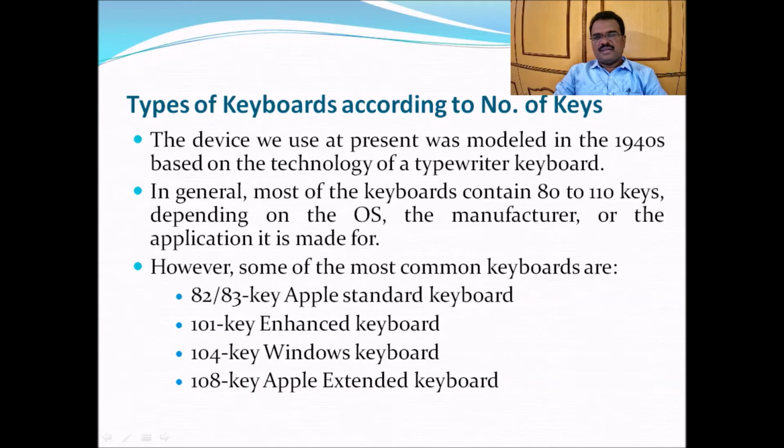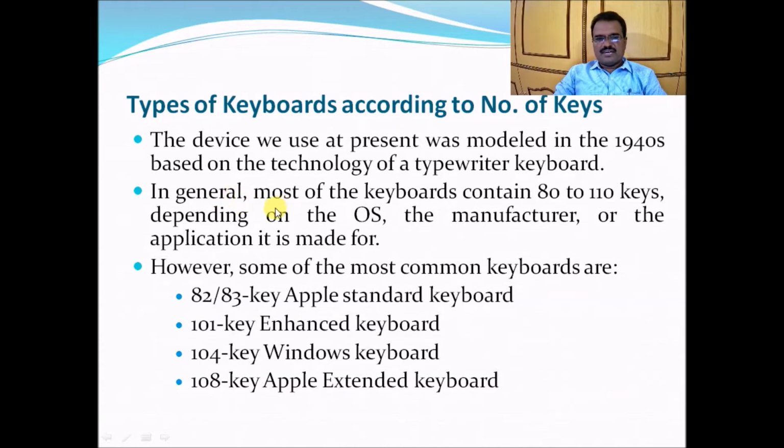Types of keyboards according to the number of keys they have, because in any keyboard there are a certain number of keys based on the requirement. The device we use at present was modeled in the 1940s based on the technology of the typewriter keyboard. In general, most keyboards contain 80 to 110 keys depending on the operating system, the manufacturer, or the application it is made for.